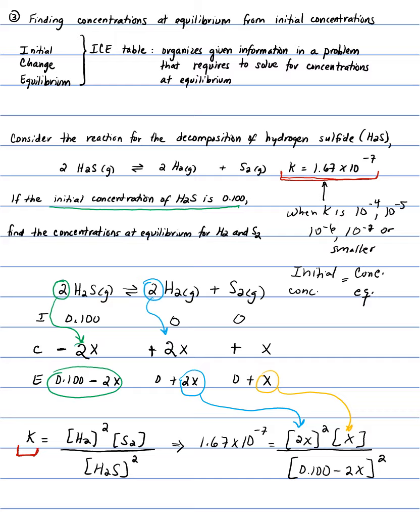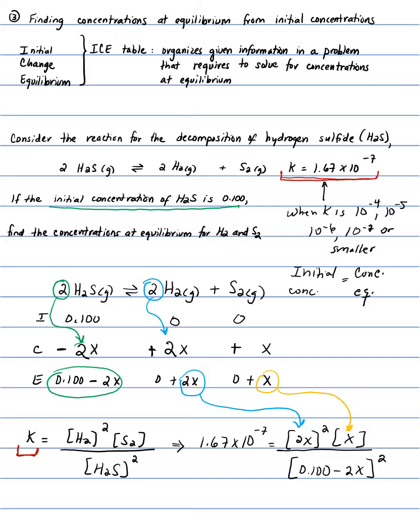Whenever you have a numerical value of K that is so small, like 10 to the minus 4 or smaller than that, you can actually assume that your initial concentration for the reactant is not changing, and you can simplify your problem, assuming that your concentration at equilibrium for the reactant is exactly the same as your initial concentration.